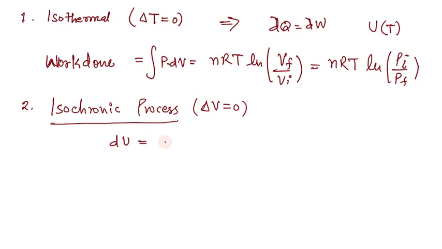So your change in internal energy is equal to the heat transferred to the system, and dQ can be written as Cv dT. So for this process, dU equals dQ equals Cv dT, and the work done is 0 because it's P dV and dV is 0.